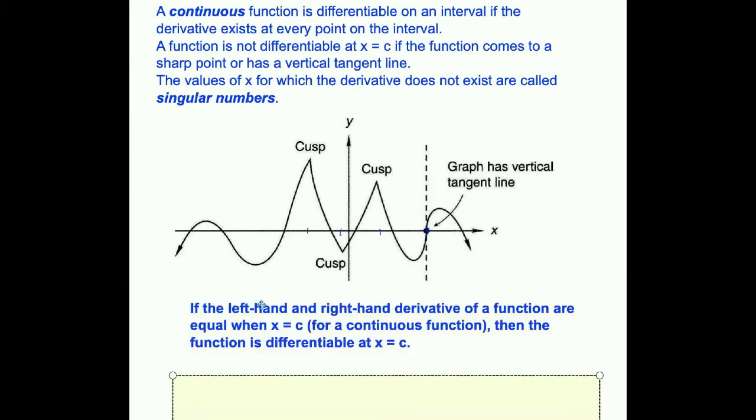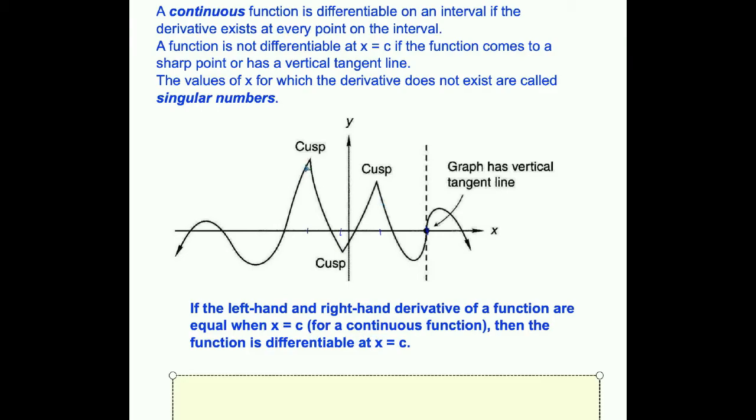And if the left-hand derivative and right-hand derivative of a function are equal when x equals c for a continuous function, so we're still talking about a continuous function, then the function is differentiable at x equals c. So if the left-hand derivative and the right-hand derivative are equal for a continuous function at x equals c, then it's differentiable at x equals c.